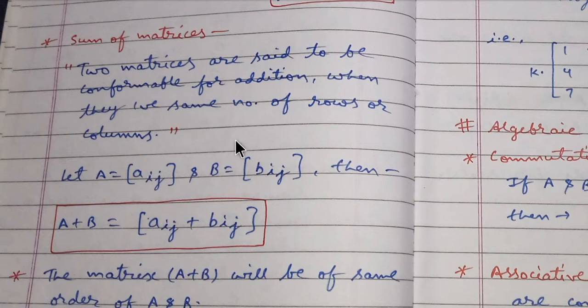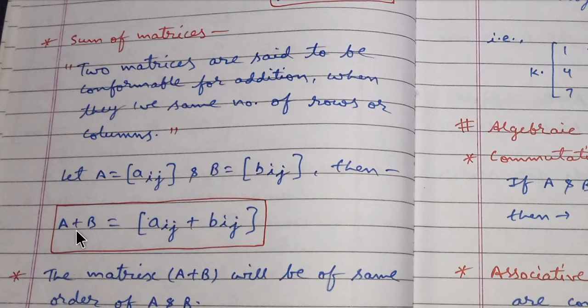Mathematically, we can define this addition of matrices only when the matrices are of the same order. If one matrix is M cross N, the other matrix should also be of order M cross N. So if A is an M cross N matrix, then B should also be an M cross N matrix. Then we can say that these two matrices are conformable for addition.